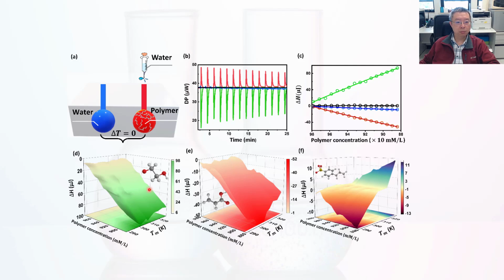So this is one polymer, the second polymer, and we have the delta H here, because this is a constant pressure system. We can get the delta H and entropy of the system, like a dilution. The implication is that when this polymer mixes with the water, it releases heat, while this one absorbs heat.